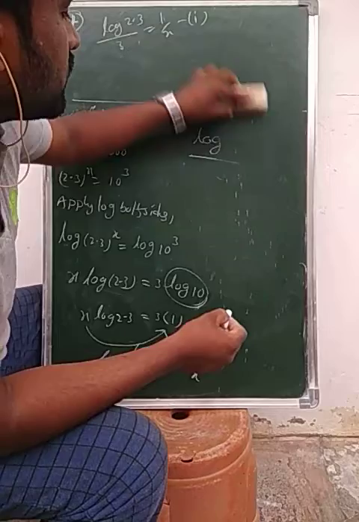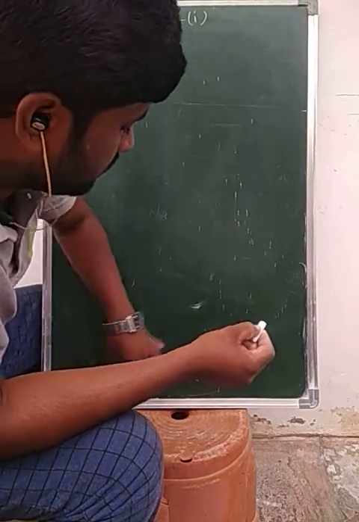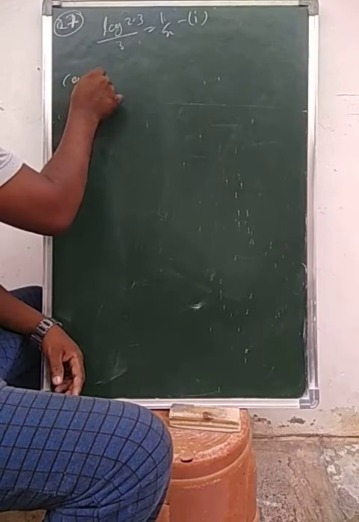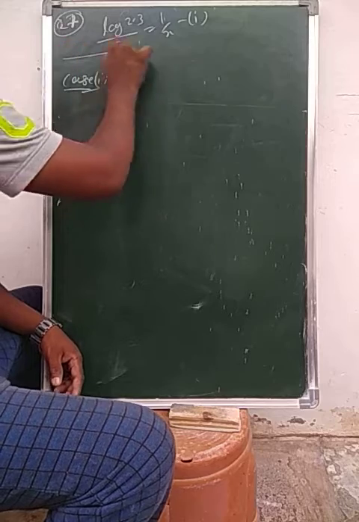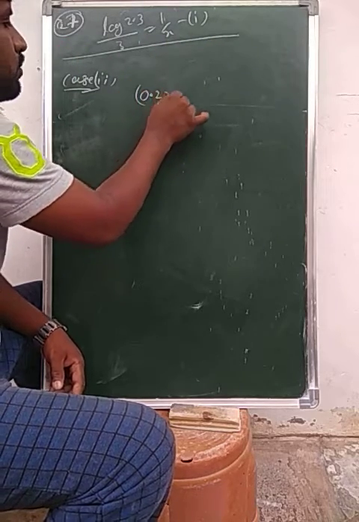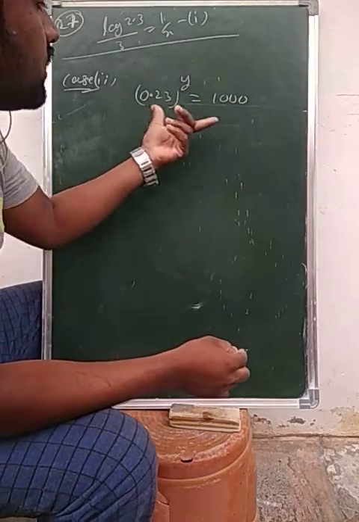Now coming to case 2. In the second situation, case 2, 0.23 power y is equals to 1000. This time I am equating these two.